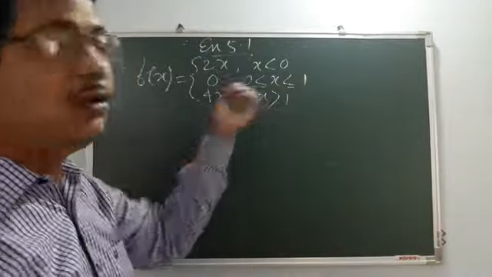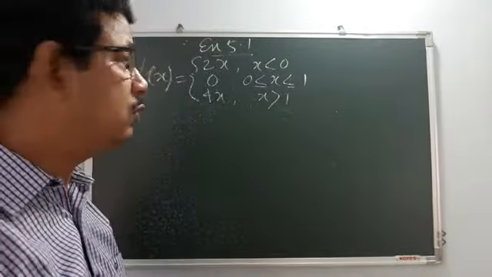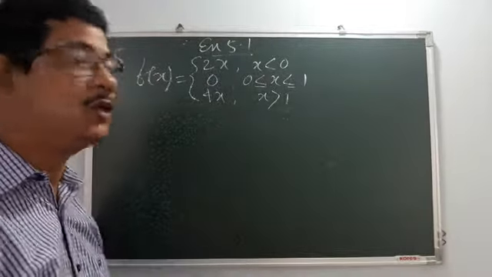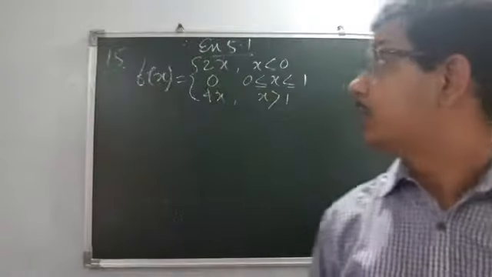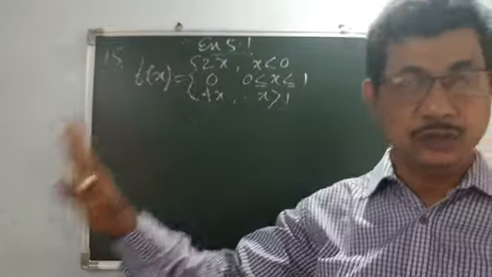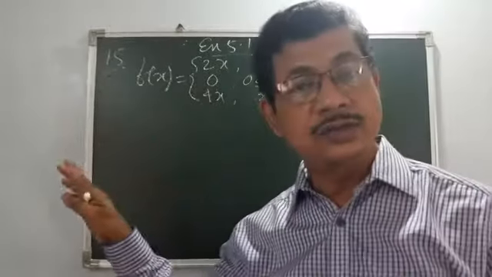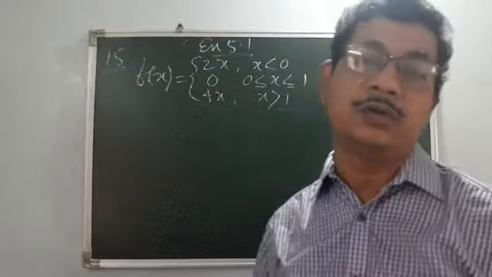In between 0 and 1 we are getting a constant function 0, so that is also continuous. Greater than 1 the value is 4x, so it is also continuous. So for less than 0 it is continuous, between 0 and 1 it is also continuous, and greater than 1 it is also continuous.